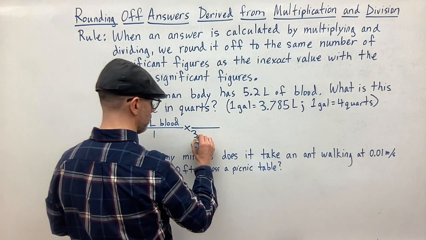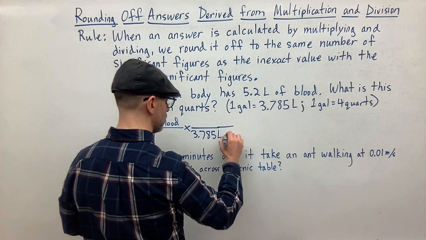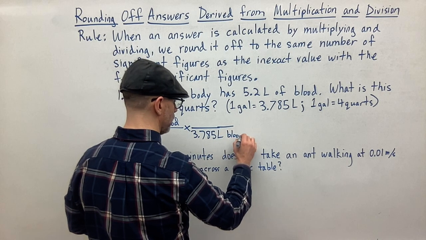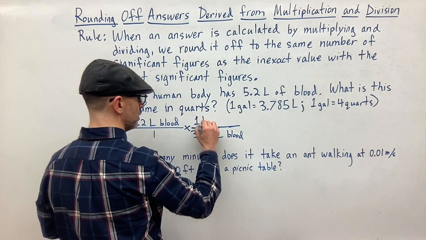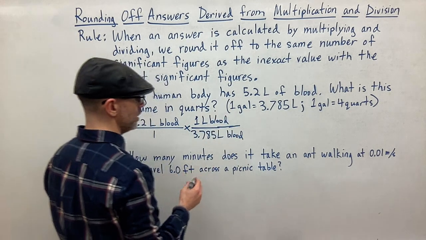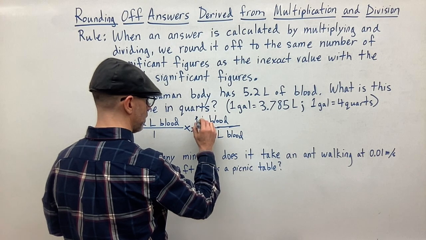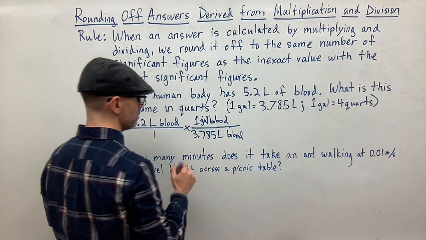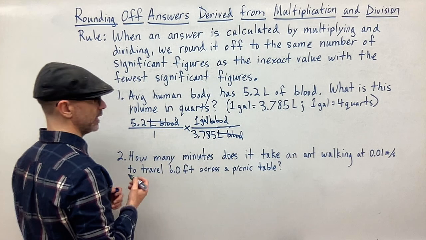So I'm going to put 3.785 liters of blood and 1 gallon of blood on top. I'm sorry, not liters, gallons. We want gallons. So liters of blood is going to cancel out. Now we have gallons of blood on top.